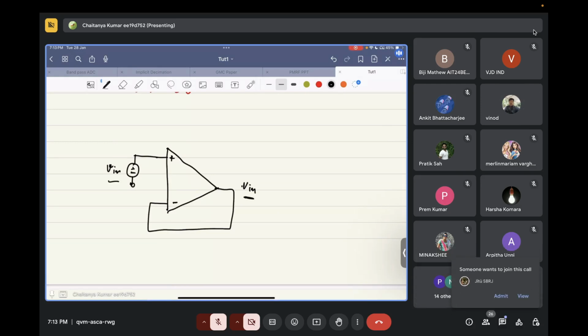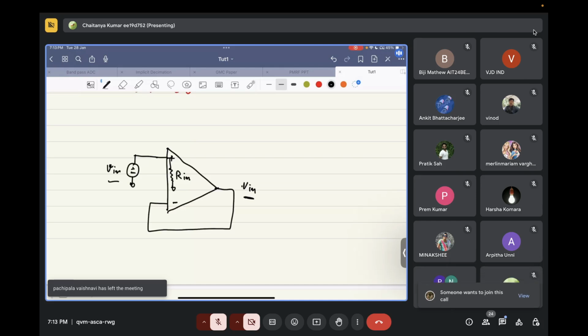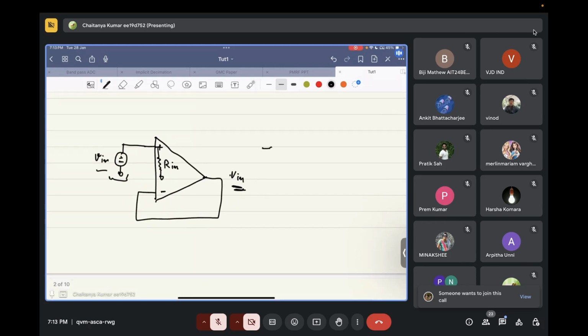Now, let's say my positive terminal had an input impedance of Rin. In this case also, as long as my driving voltage source has zero output impedance, my output voltage will still remain Vin. But the moment I have some source resistance over here, Rs, so I have Vin over here, I have Rin over here.